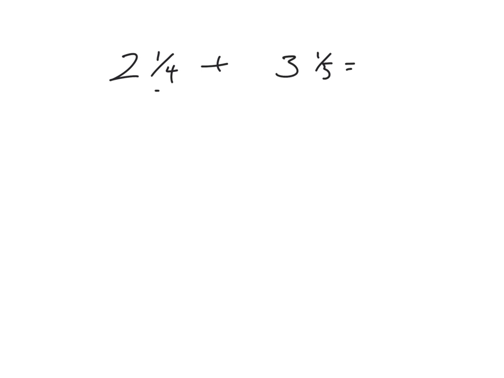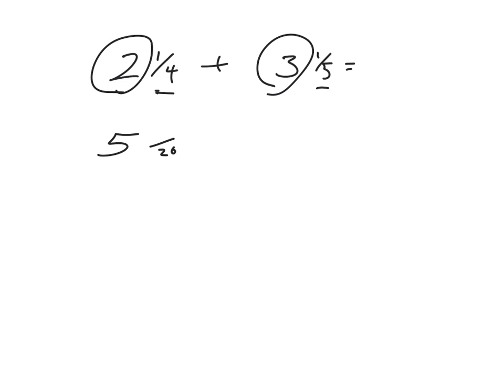Now, I want you to notice that our fourths and our fifths are identical. We just are now adding mixed numbers to it. So many people like to say, I'm going to deal with the whole numbers first. 2 plus 3 is 5. My 1/4 and 1/5, let's change those to 20ths again.